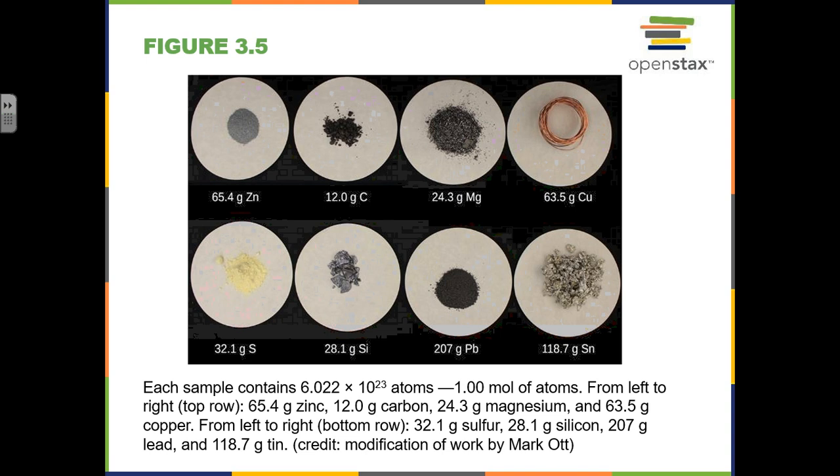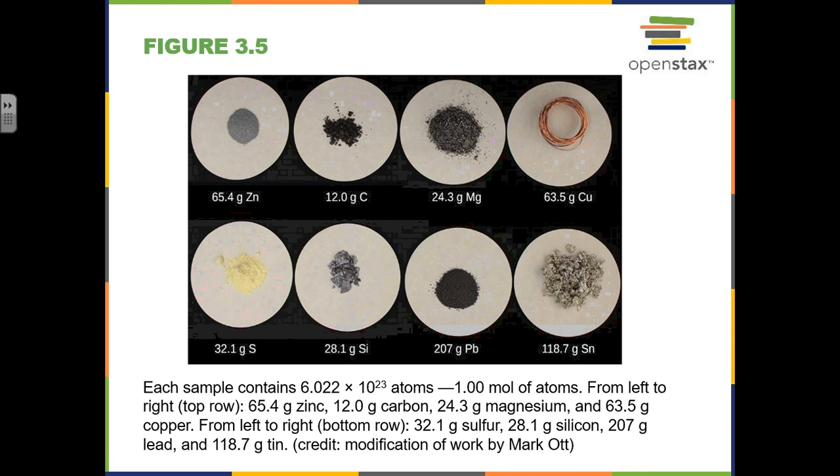In this illustration, we have zinc, carbon, magnesium, copper, sulfur, silicon, lead, and tin. In each of these cases, all of them represent 1 mole of substance. Essentially, each one represents 6.022 times 10 to the 23rd atoms of each of those elements.